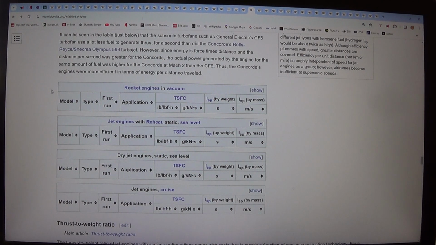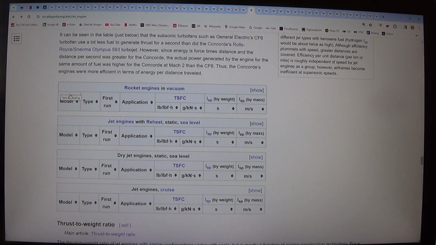Rocket engines in vacuum. Model type first. Run application TSFC ISP, by weight, ISP, by mass. #/LBF times HG/KN times SSM/S. Jet engines with reheat, static, sea level. Model type first. Run application TSFC ISP, by weight, ISP, by mass. pound /LBF times HG /KN times SSM /S.